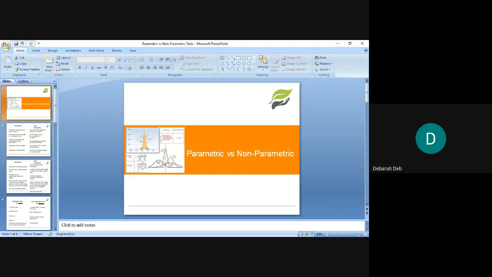What type of test you will apply depends completely on you only. No one will tell you what test you need to apply. I will only tell you what type of test is applicable for what type of data. Now you have to identify what type of data you have and which test will be suitable for this type of data.